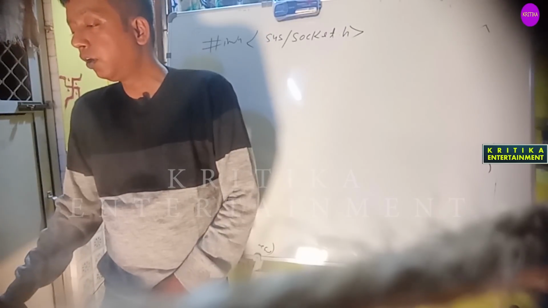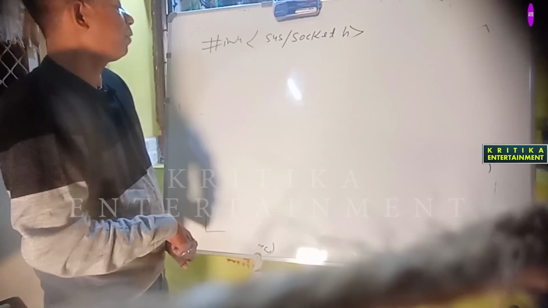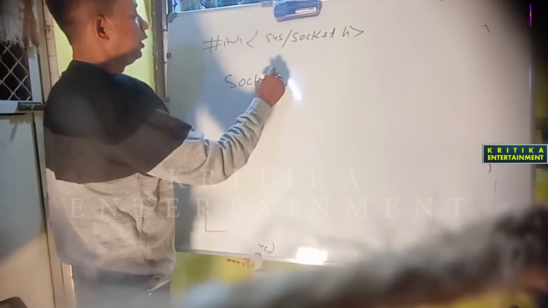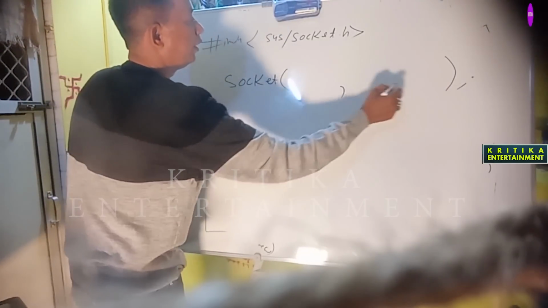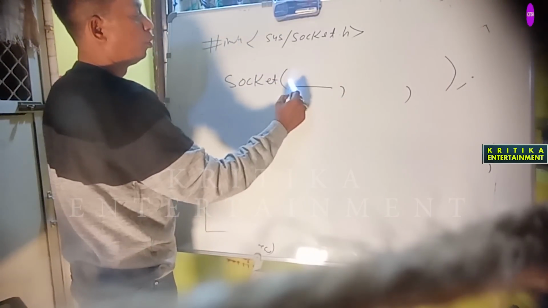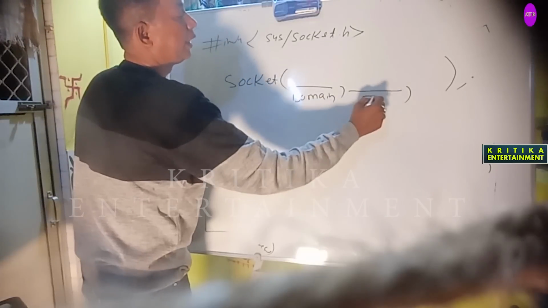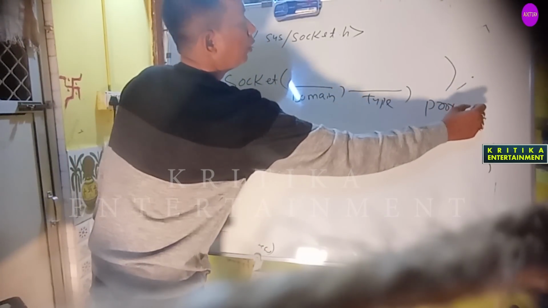Then you remember, when you declare the socket, what parameters are there inside the socket? Inside the socket you will find 3 arguments. First is your domain, second is type, third is protocol.